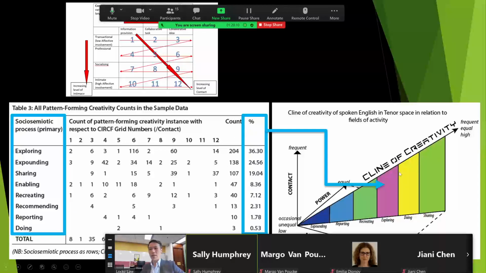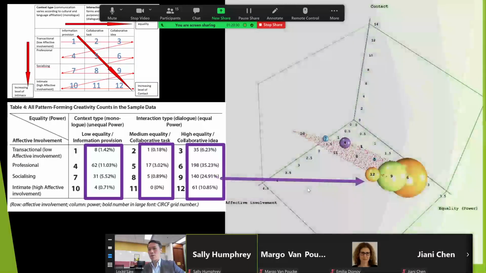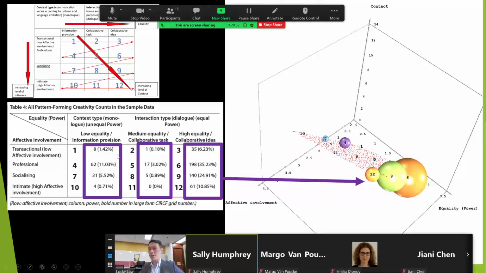If we take that, we can have these different proportions under the cloud of creativity, and we can have different sizes for these semiotic processes by the percentages. And if we also want, we can take another percentage and plot it into a slightly different three-dimensional graph.